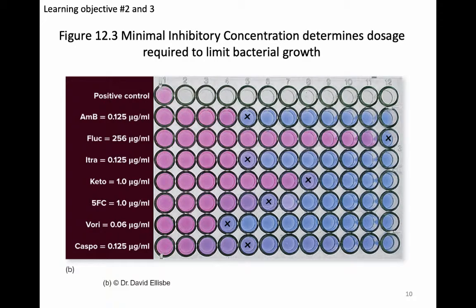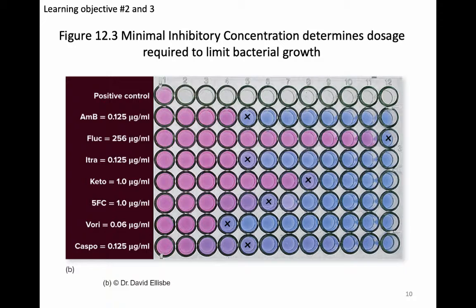MIC tests can also be done on 96 well plates. So each of these circular wells is going to contain a few drops of liquid. So this is a way to do a lot of testing of many different antimicrobials with different microbe combinations with a small amount of liquid, and these types of plates can be read by machines.